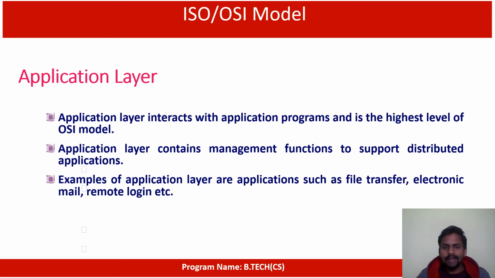In the network layer, it will add the IP addresses, because the destination we need to understand, right? So it will give that IP address in this place, and then it will add the source IP address also. And after that, the network layer transfers the data to the next layer, that is the data link layer. There, the packet will be divided into some frames. Then at the physical level, those frames will be divided into binary information. That's it. So this is the reverse process of the OSI model. All right.